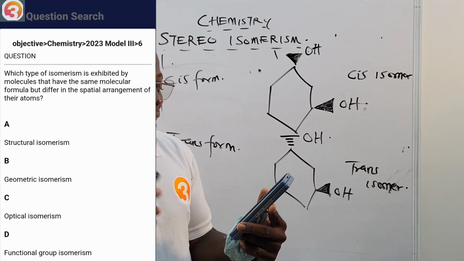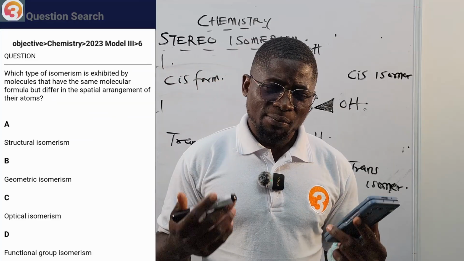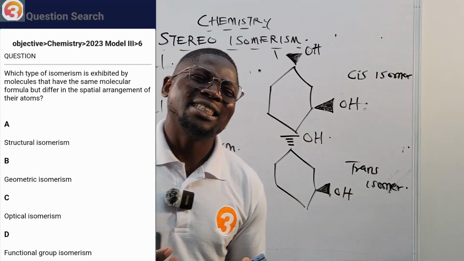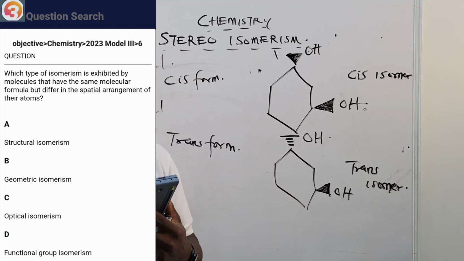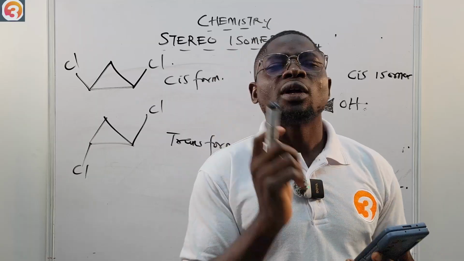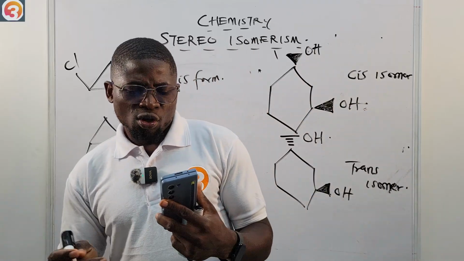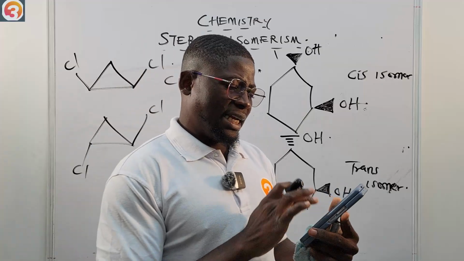D, functional group isomerism. The correct answer is option B. They have the same molecular formula, but the difference in their orientation is due to the rigidity of certain organic structures, especially those containing a carbon to carbon double bond. So that is geometric isomerism.